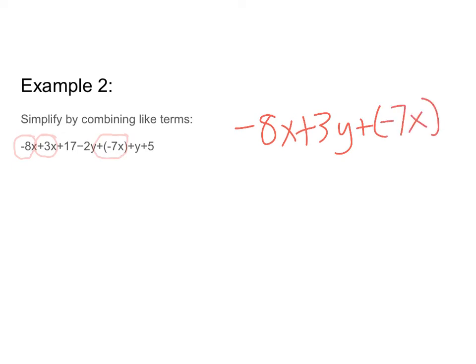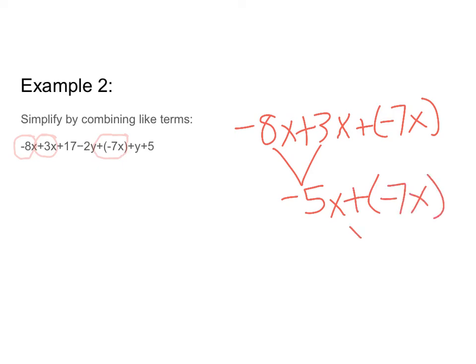So I need to combine all that. Hopefully you remember our rules about negatives. So negative 8x plus 3x would be negative 5x plus negative 7x. That would give me negative 12x. All right, x's are done.